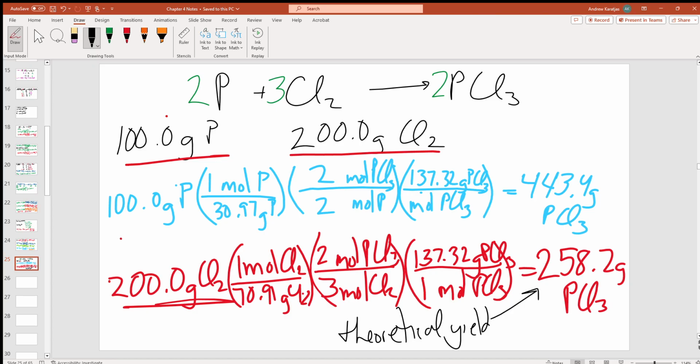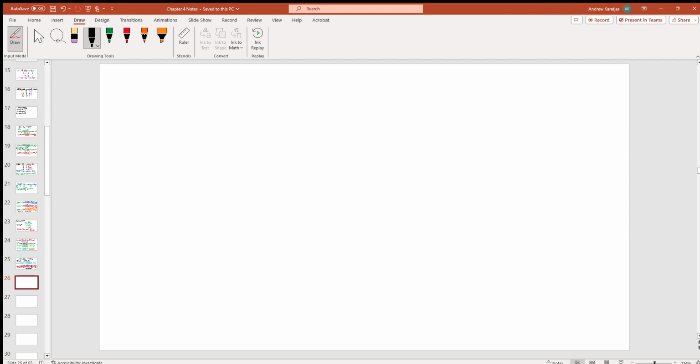So now our second question is, what's left over? So we know all the chlorine's being used up. That's our limiting reactant. So of the phosphorus, how much of the phosphorus is left over? The most straightforward way to do that calculation is to determine, from 200 grams of chlorine, how much phosphorus does that require?